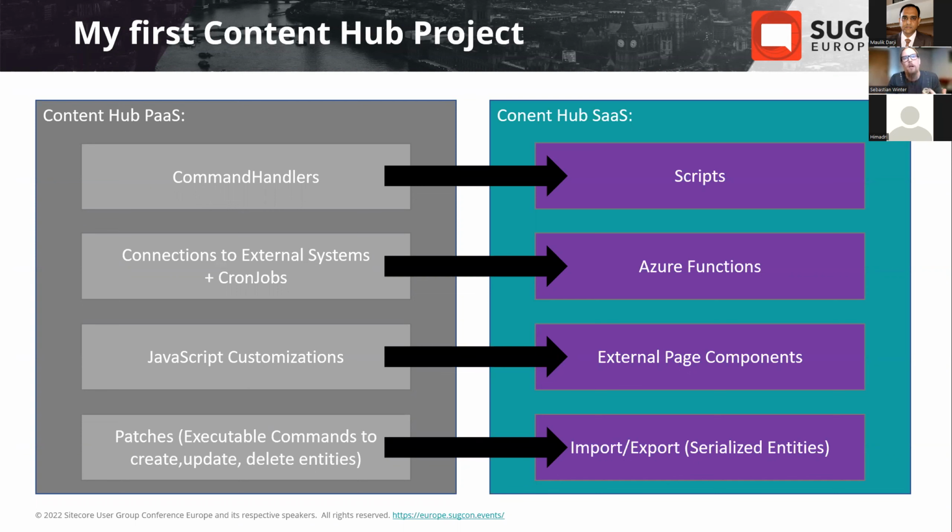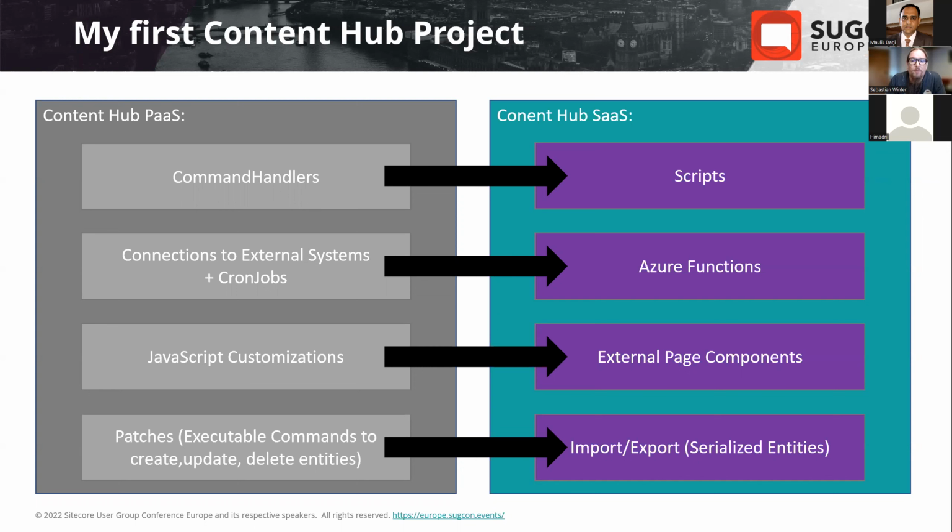Basically, whenever an event was fired, we could launch a command handler to do whatever was needed with the entity or the data. And this we needed to transfer into scripts. We did communicate with external systems, which logic we needed to transfer into Azure functions, and also some cron jobs and timer triggered functions existed on Content Hub, and we shifted that into Azure functions as well.